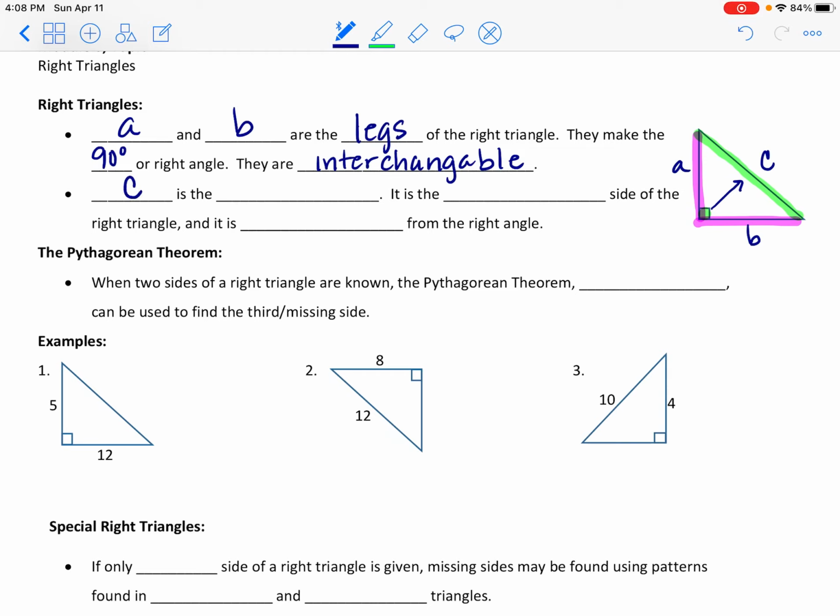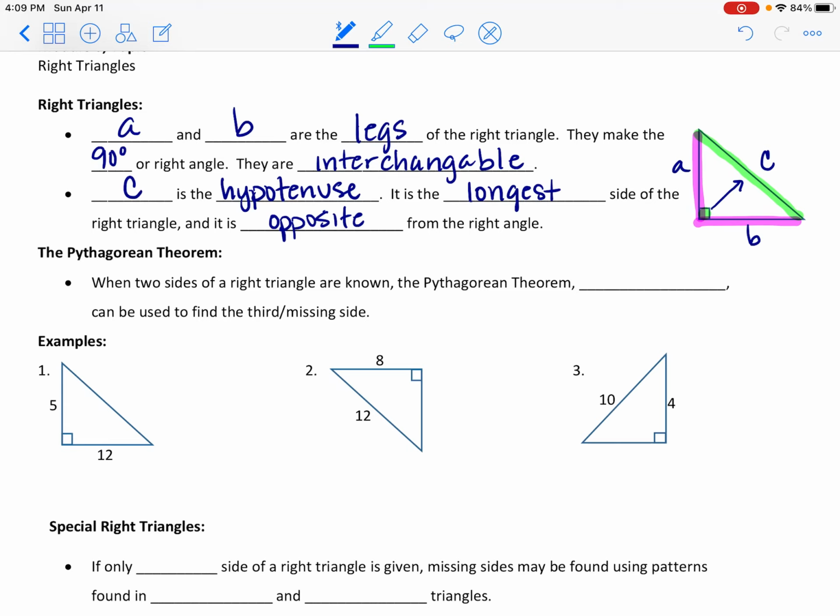So C is the hypotenuse, and it is the longest side because it is opposite of the biggest angle. And again, this is across from, or opposite of, the 90-degree angle. Okay, so those are the parts of the right triangle.